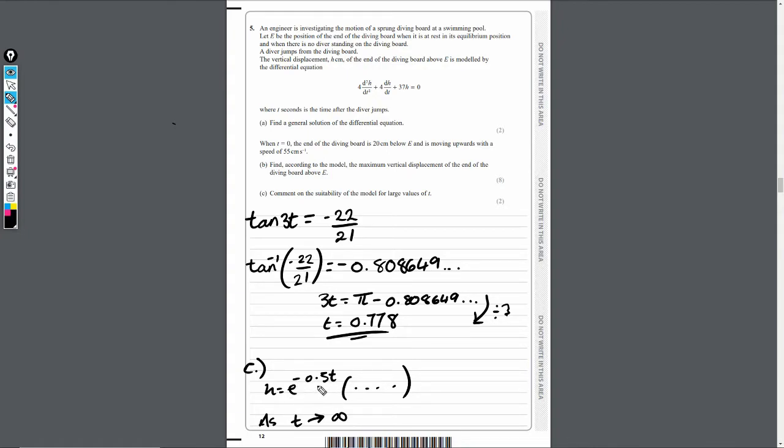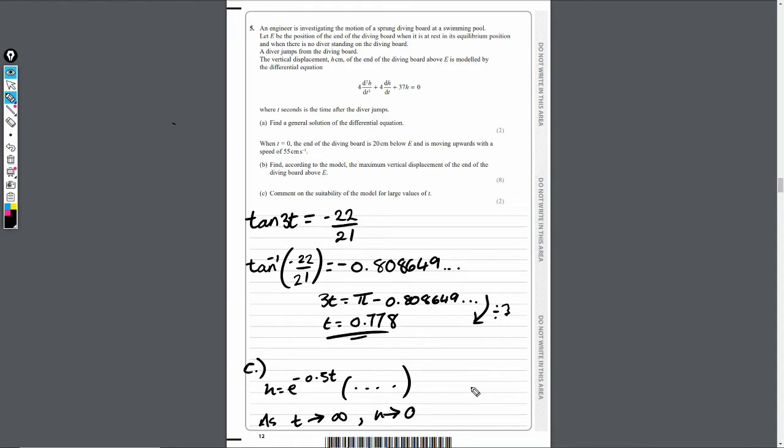So if you put a large value in, this tends to 0. What that also means is that h must also tend to 0. So, as t tends to infinity, h tends to 0. As t gets very large, h gets smaller and smaller, or in other words, it basically becomes 0.